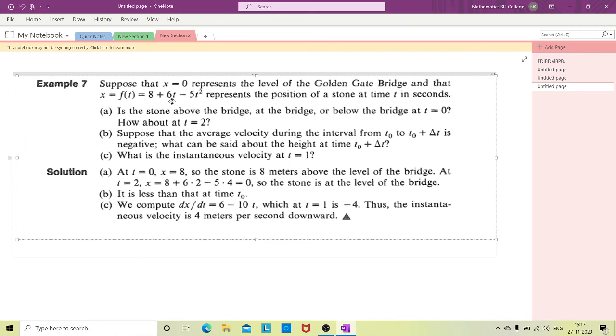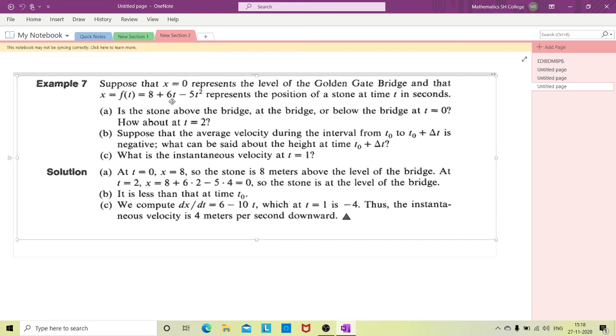Now B part is: suppose that the average velocity during the interval from t0 to t0 plus delta t is negative. What can be said about the height at time t0 plus delta t? If the average velocity is negative, it means that the height at t0 plus delta t will be less than the height at t0, because it is not increasing, we have a decrease.